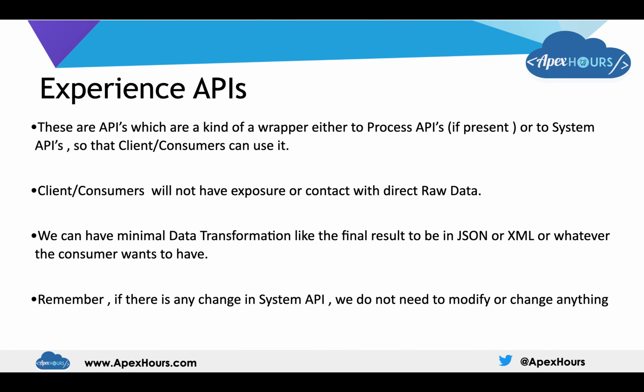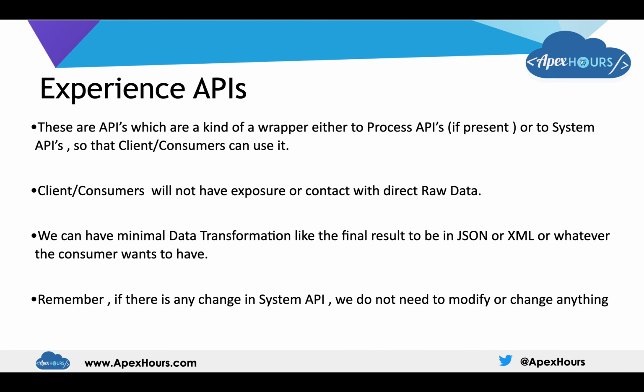The reason why we have different APIs is that the impact of one API should not affect the other API. Again, this will be complicated to understand initially, but once you get habituated with coding and developing APIs, you will understand.